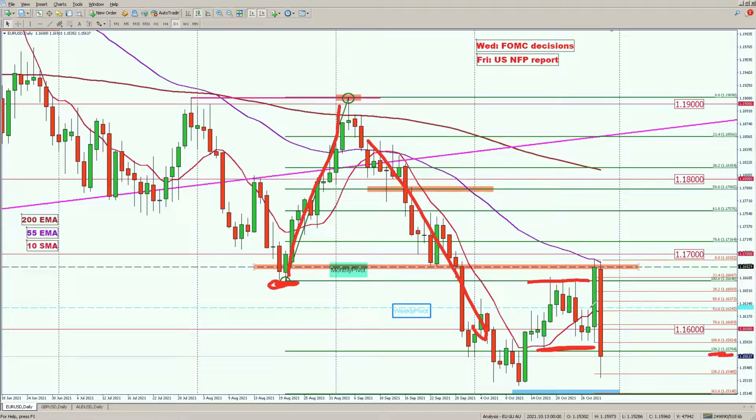But then on Thursday, just waiting for the ECB decisions and then swing back down here. Okay, that's the forex movement here.